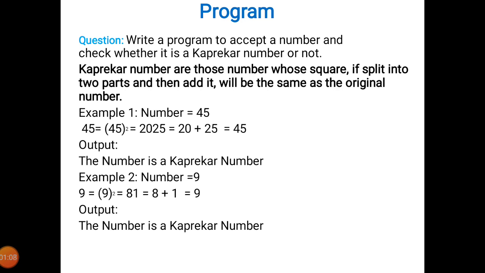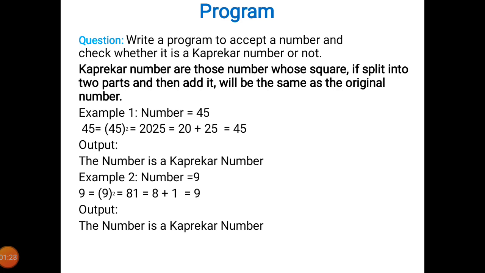For example, when the number is 45, its square is 2025. Then the first half is 20 and the second half is 25. When we add them together, it is 45. So 45 is a Kaprekar number.